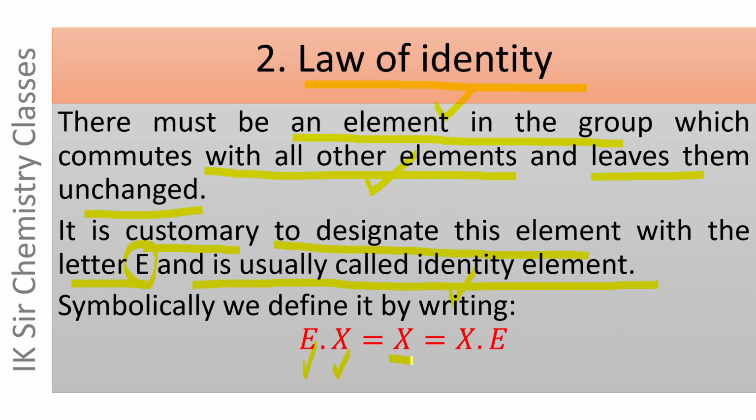At the same time, the law of commutation holds good. It means E into X is equal to X. At the same time, X into E is also equal to X.